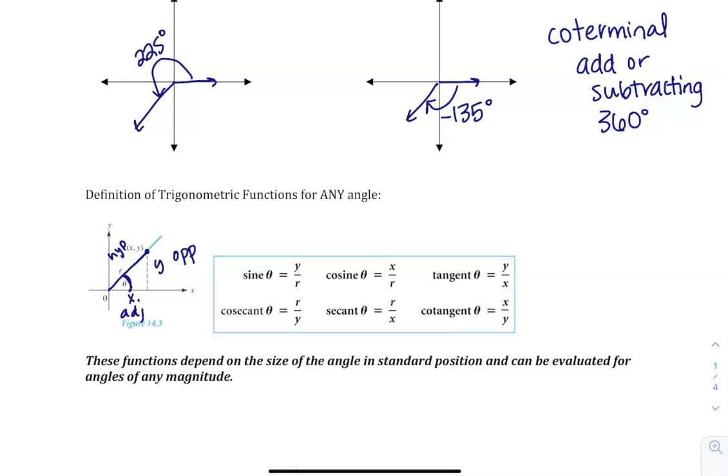So now we can actually define any angle, and it's going to depend on the size of the angle. And it won't matter how long that radius is, because it will still be in the same ratio between y and r, or x and r, or x and y. So we're just looking at this from a slightly different perspective.